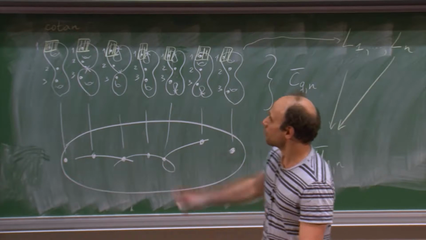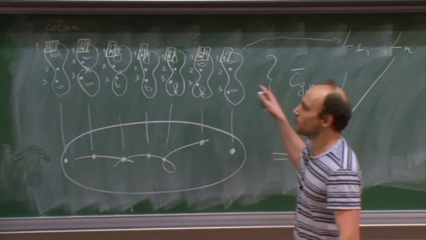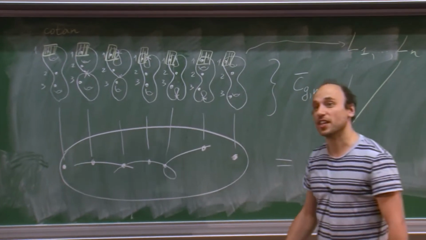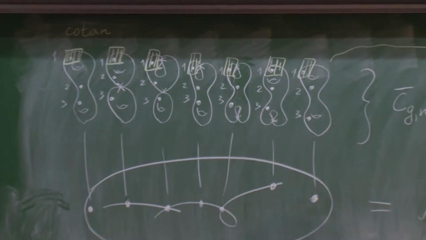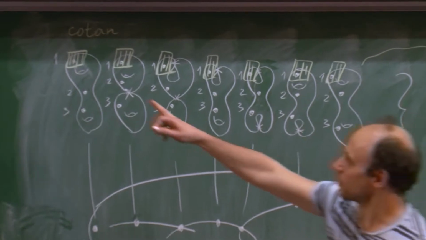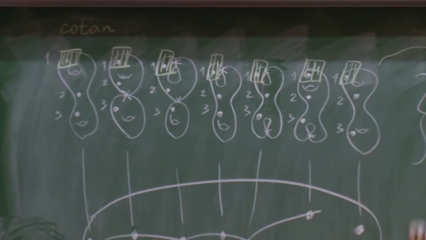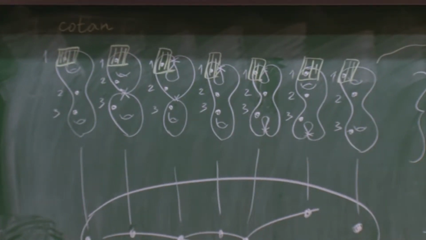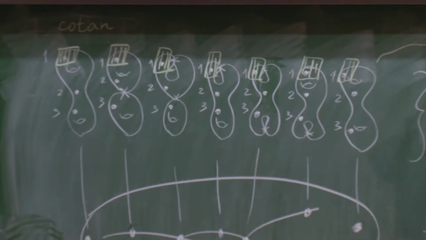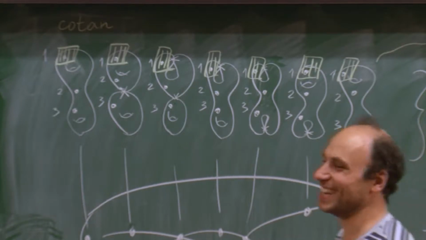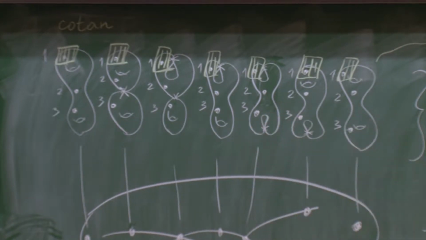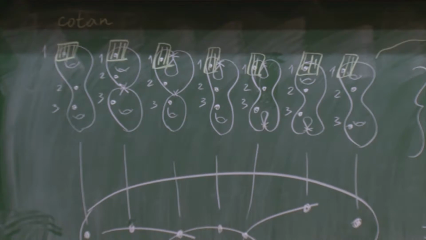Now on every curve, you have n marked points, and you can take the cotangent line to the first marked point, for example. This is the cotangent line to the first marked point on each fiber of the universal curve. The union of all these curves is called the universal curve. It looks like a tangent line, yes, I cannot draw the cotangent line.